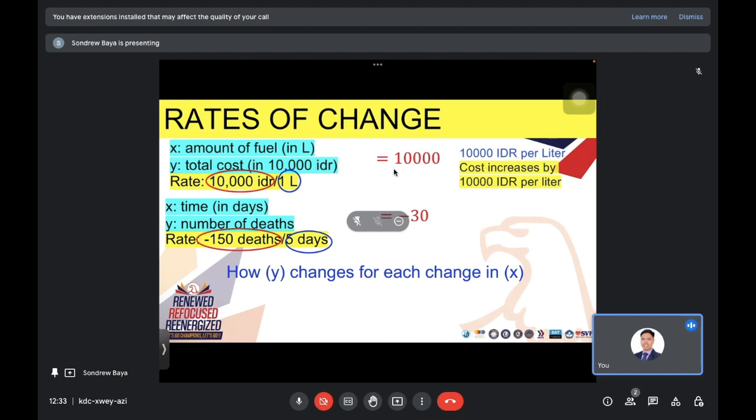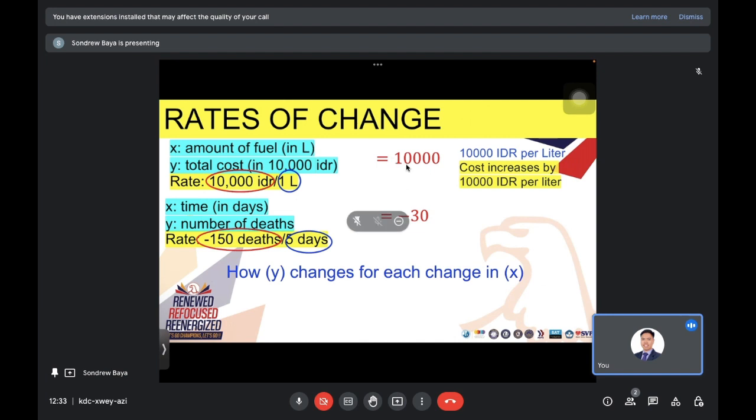In other words, we can interpret it as the total cost increases by 1,000 Indonesian rupiah per liter. Okay? So this rate of change therefore tells you how the total cost increases for every liter of gasoline added to your vehicle, for example, or for every liter of gasoline that you avail.